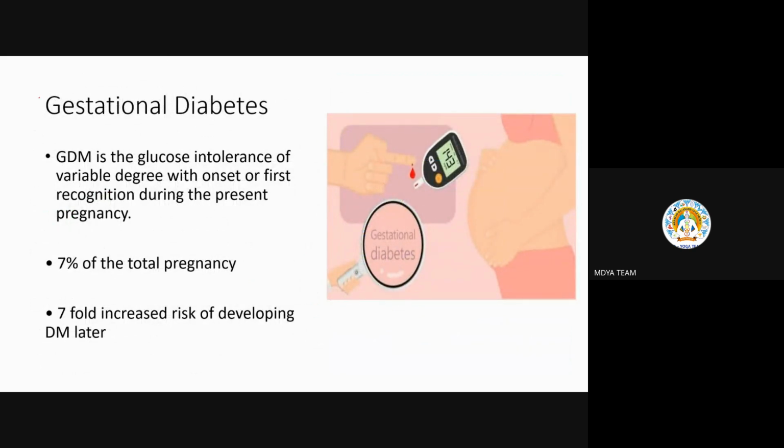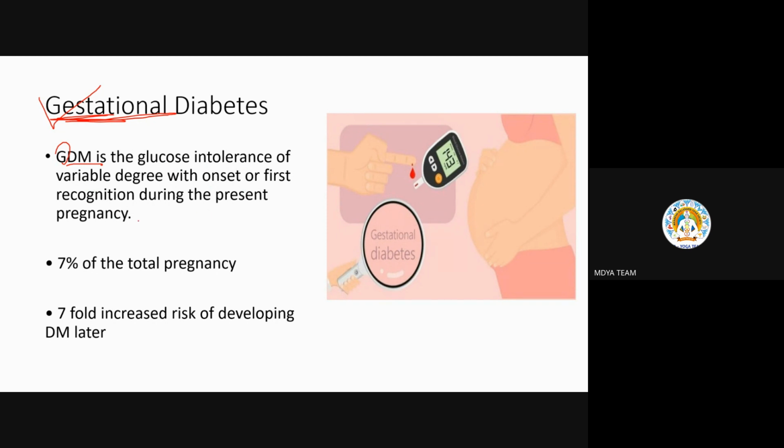Now we'll go to the third type, gestational diabetes. The word gestational itself can be related to gynae, or you can remember it like that. So this is for the time of pregnancy. GDM is what we also call gestational diabetes. Gestational diabetes mellitus is a glucose intolerance of variable degree with onset or first recognition during pregnancy.